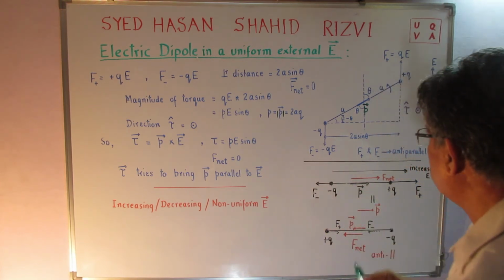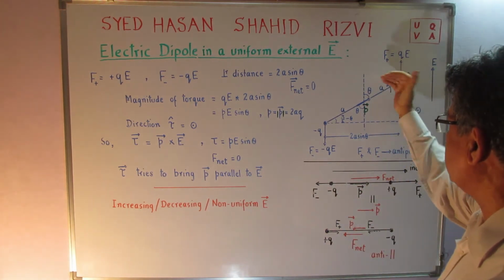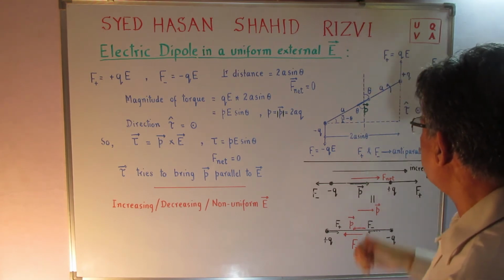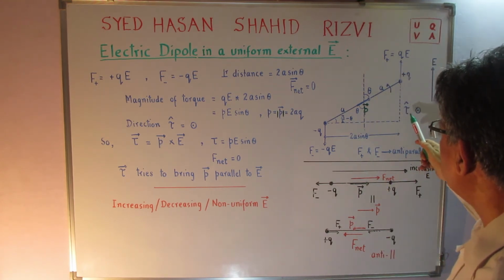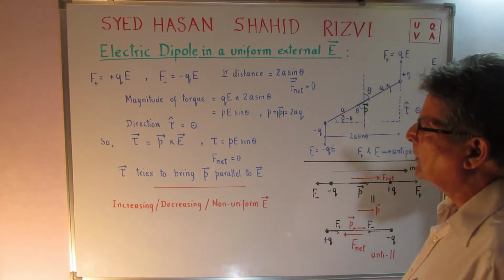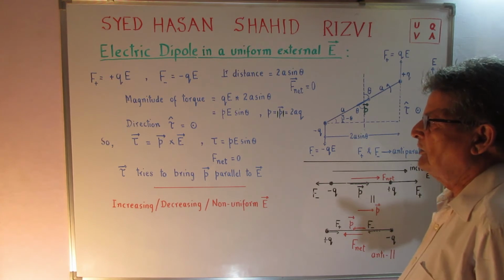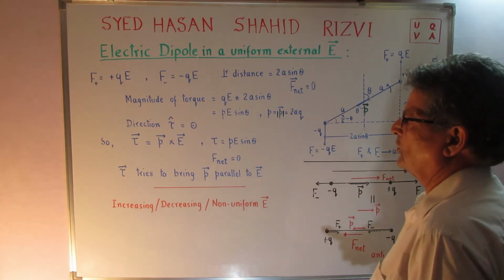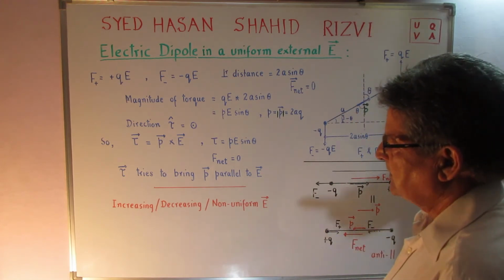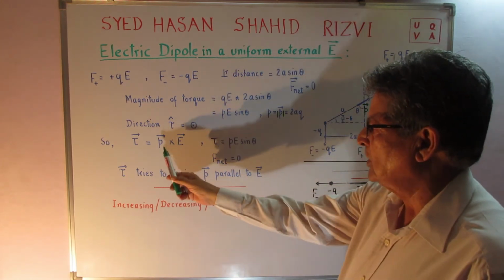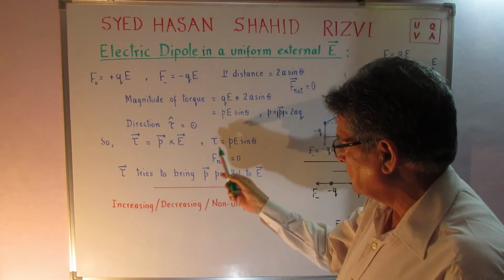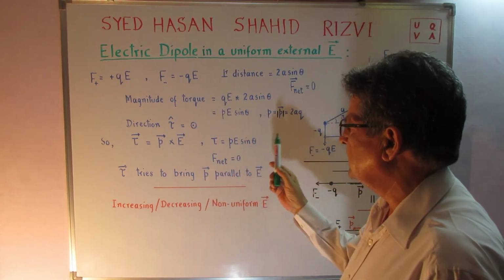And because the torque is like this, the torque must point out of the board, in keeping with the definition of cross product. So what we find is that the torque is equal to P cross E, where the magnitude of the torque is pE sin theta.